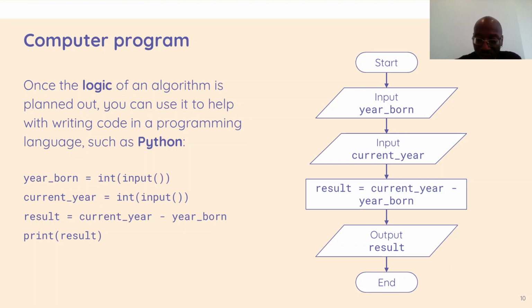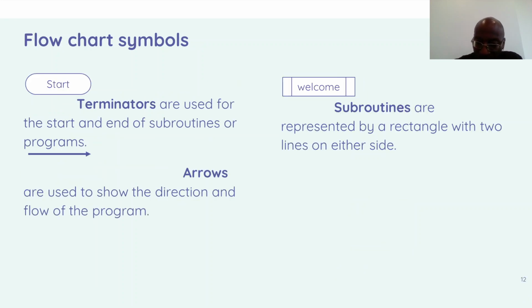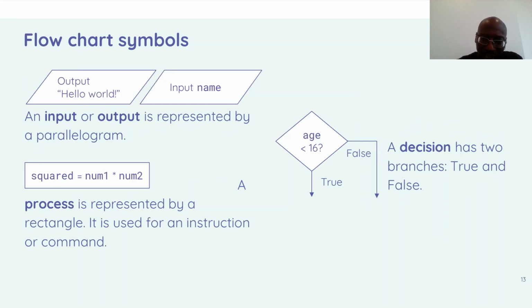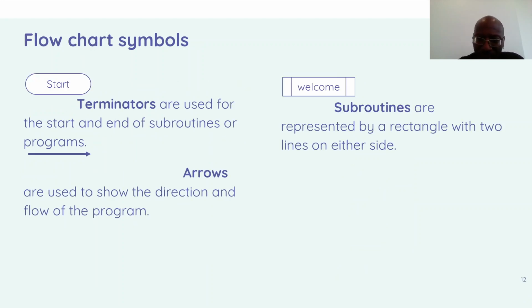But there's a subroutine. There's a decision. There are more decisions, and then there's an execution, which they put as a process. So have a look again, and there are your processes. There are 1, 2, 3. There are 3 processes in here.